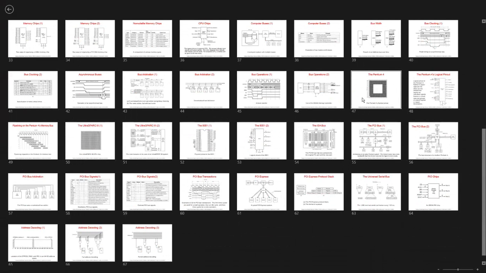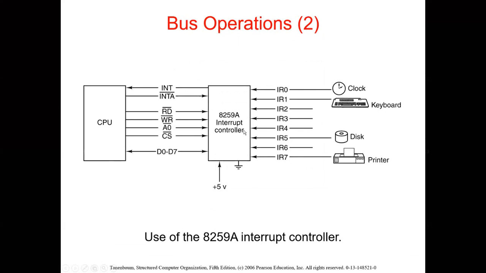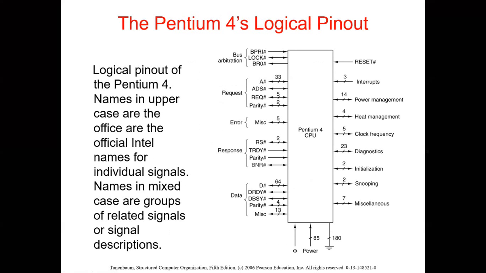So that's the Pentium 4 chip, and the Pentium 4 logic pinout. Each CPU has a pinout. The pinout has different kinds of pins, as I mentioned: bus arbitration, request, error, response, data.